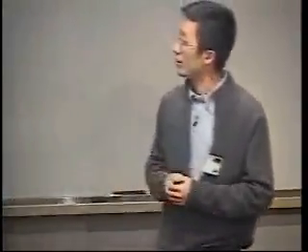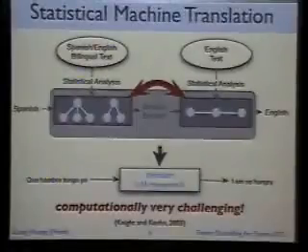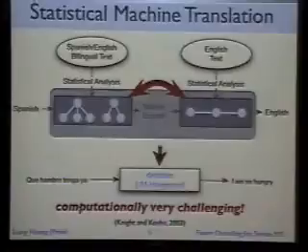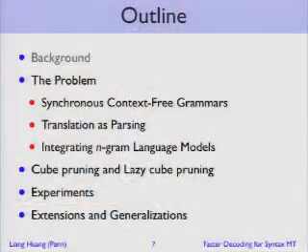And that is the problem that we're going to address in this talk: to develop better, more efficient algorithms to search this complicated space more efficiently. That is our objective, and this is the outline. We're going to look in more detail at why translation with an n-gram model and a syntax-based translation model is that hard.